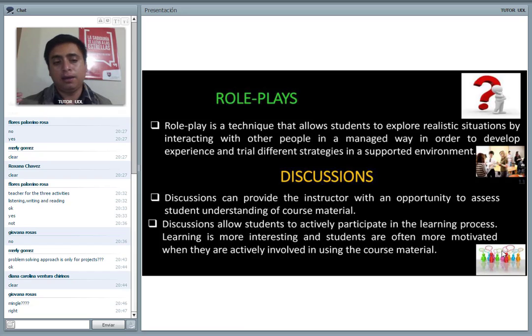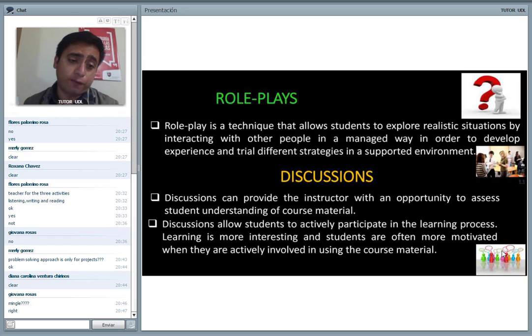Maybe one student might be a doctor and the other student might be the patient. They are acting according to the role that they have, in a realistic situation. So that's a role play.